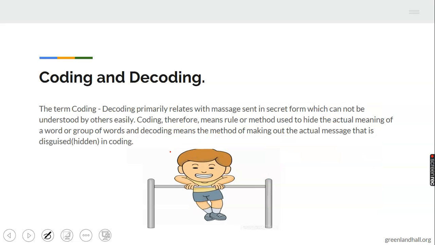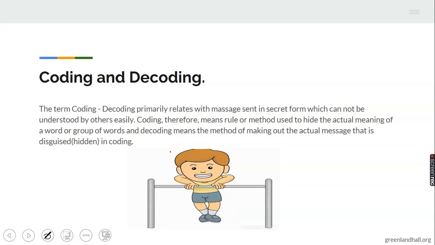Now, what is coding and what is decoding? The term coding or decoding primarily relates with message sent in secret form which cannot be understood by others easily.